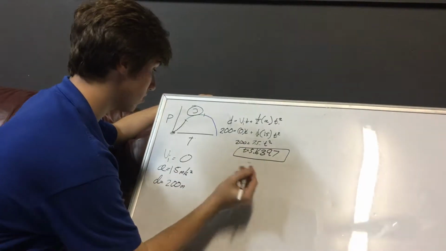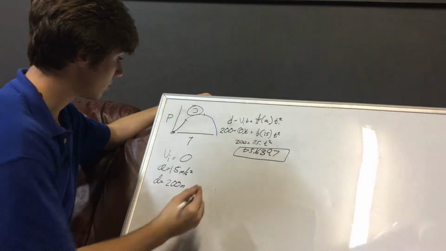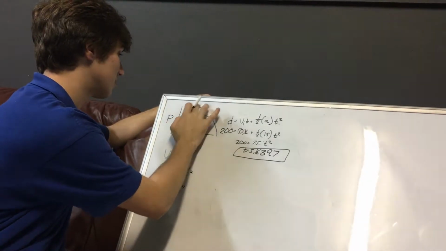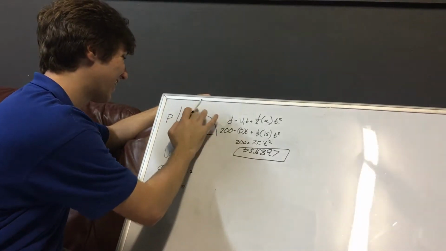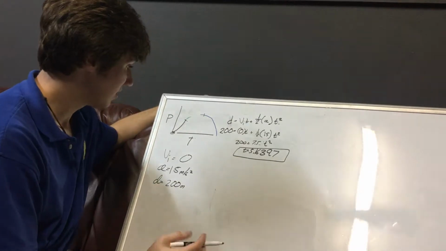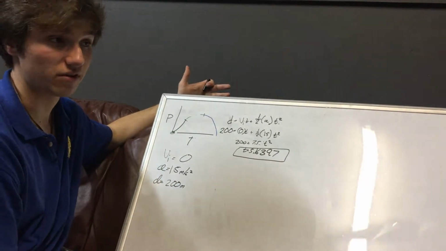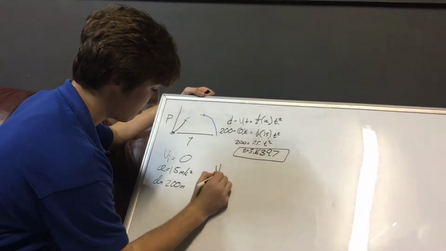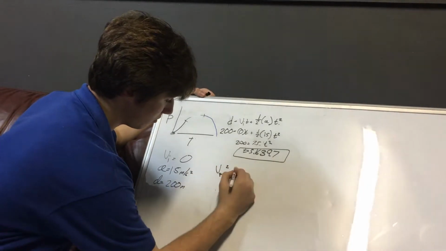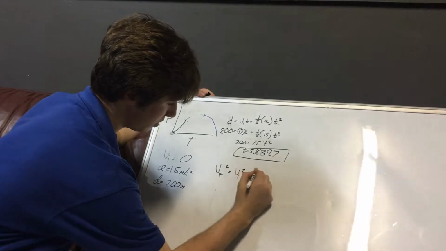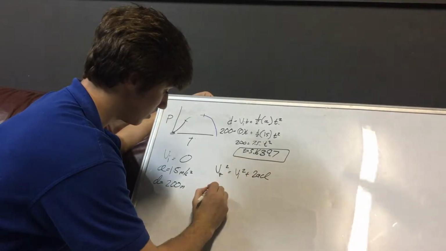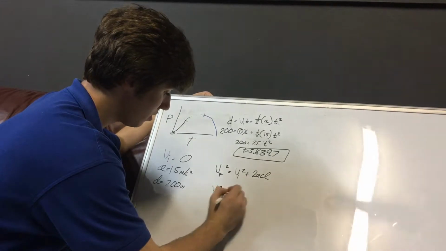Okay, so we have our times. We need to find the final velocity of this section at least. So VF squared equals VI squared plus 2AD. VF is the variable we're searching for.